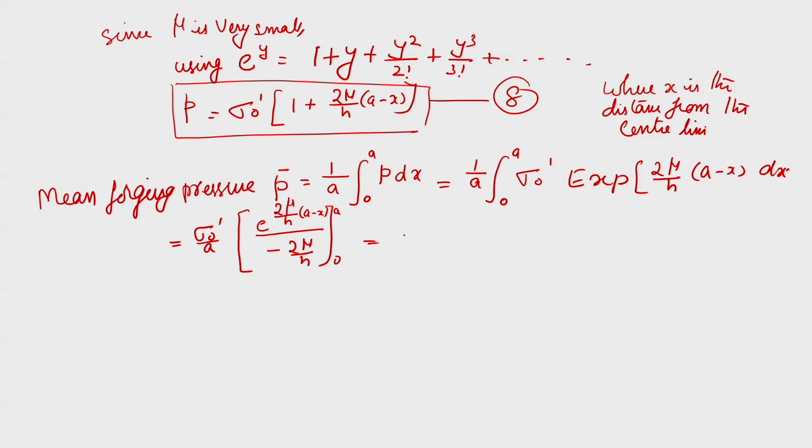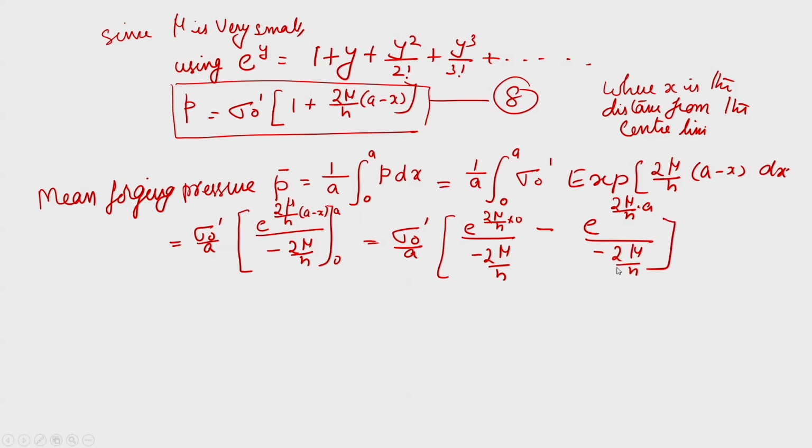So, that will be sigma 0 dash by a into e raised to 2 mu by h into a by minus 2 mu by h minus e raised to 2 mu by h into 0 by minus 2 mu by h.